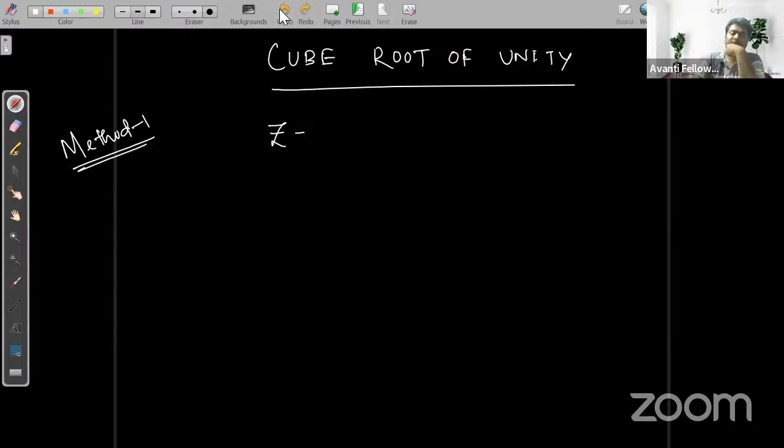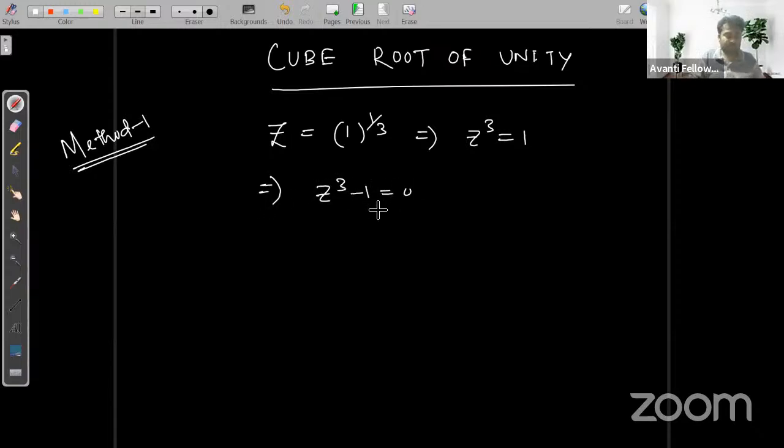Let's talk like this: z = 1^(1/3). Now if we take the cube on both sides, we get z³ = 1. So we get the equation z³ − 1 = 0. Listen, this is a cubic equation.